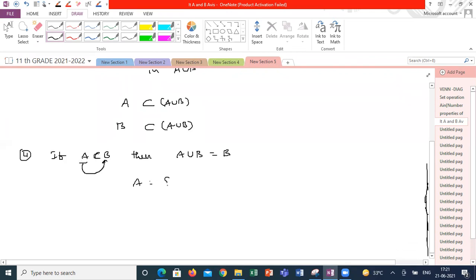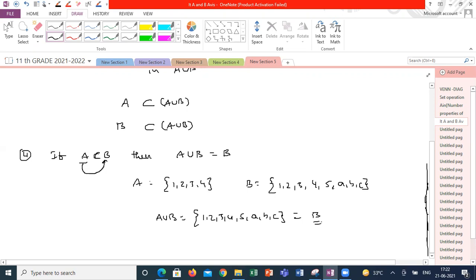Suppose A equals 1, 2, 3, 4, and set B equals 1, 2, 3, 4, 5, A, B, C. If I take A union B, I will get 1, 2, 3, 4, 5, A, B, C. This is nothing but set B only. So if one set is a subset of another given set, then the union of both sets is B only. Is it clear, guys?